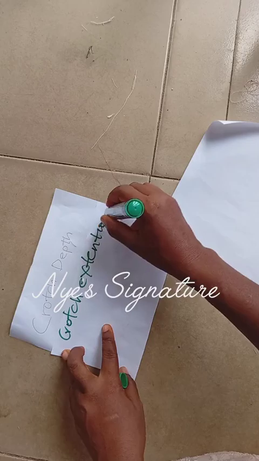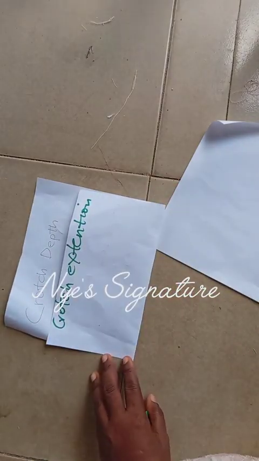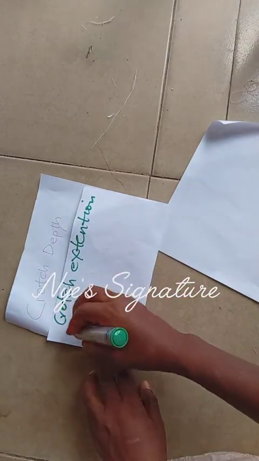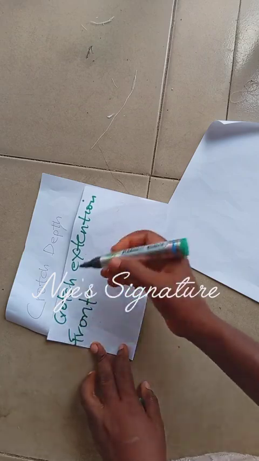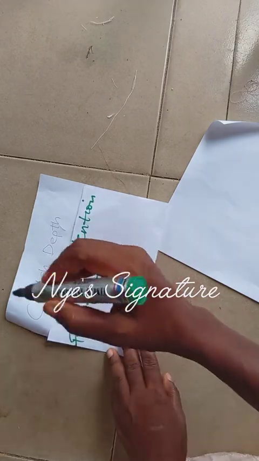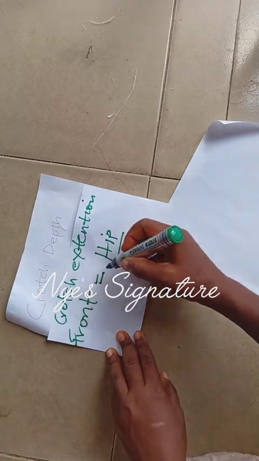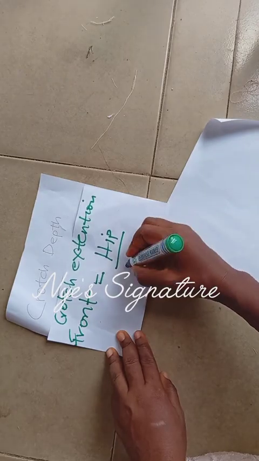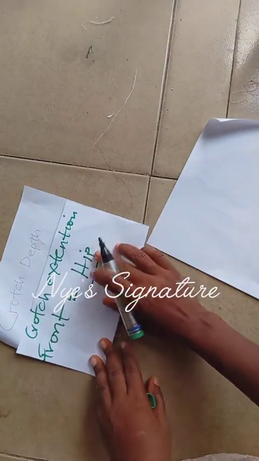So for your crotch extension, these are formulas for your crotch extension. Pay attention to every detail of this video. For the front crotch extension of a fitted trouser, we are going to use this formula: hip measurement divided by 20.